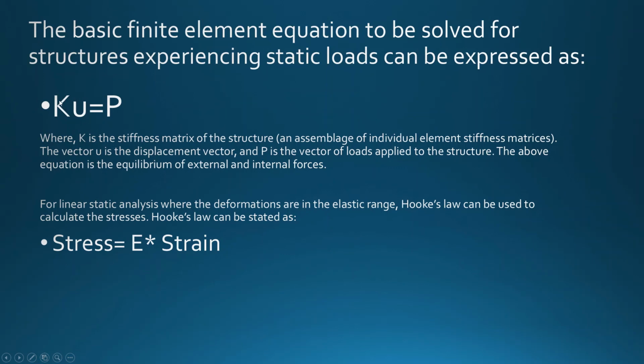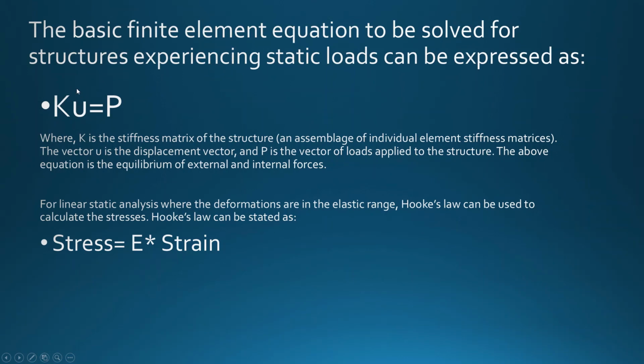U is nothing but the displacement. The software is going to transfer K to the right hand side, and so the final equation will become U = K inverse P. K is the stiffness matrix, and it will go on the right hand side as the inverse of K. The software is going to find the inverse of the matrix and then multiply that matrix by our load factor, that is P. So what you will finally get is the deformed stiffness matrix.